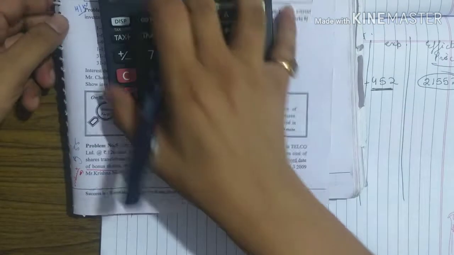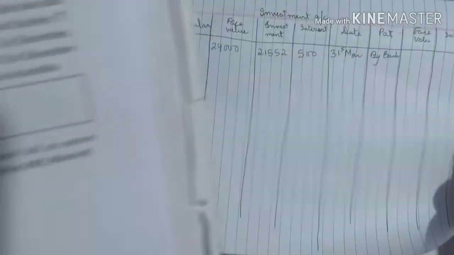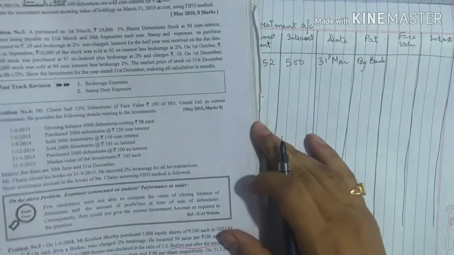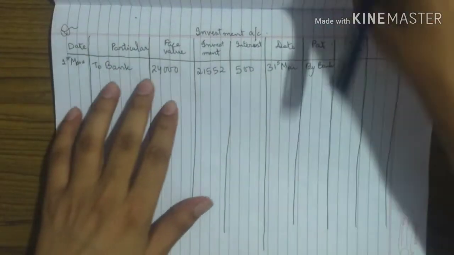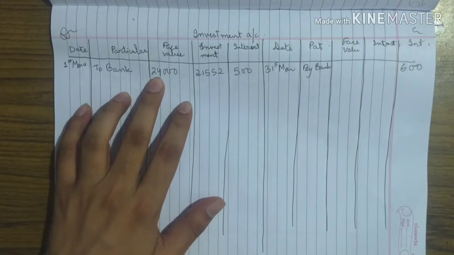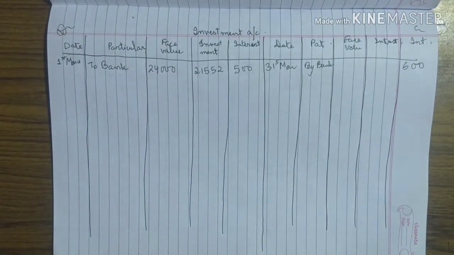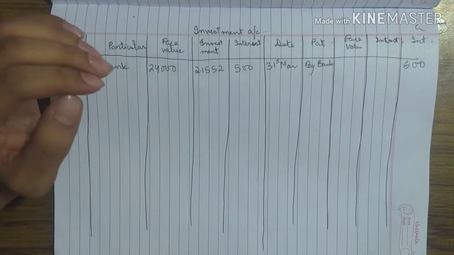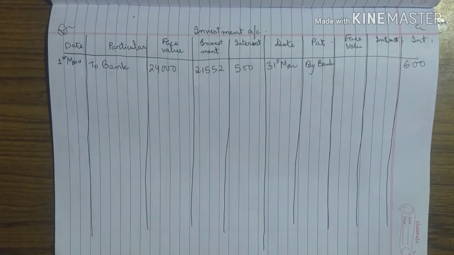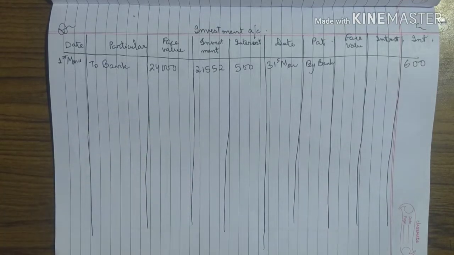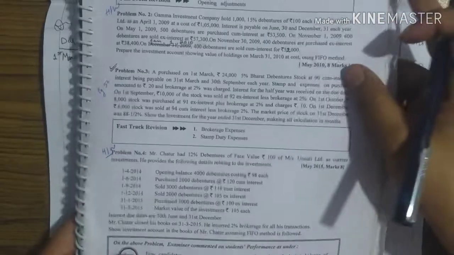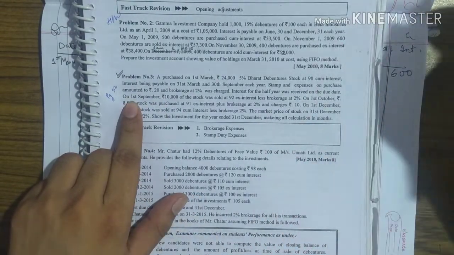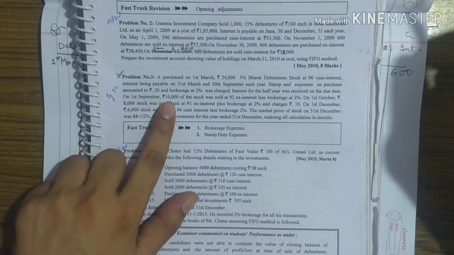It's 600. 600 is the interest you have earned for 6 months, as 24,000 is the total holding, 5% is the interest rate, and the interest for the half year will be 5 divided by 2, which is 600.